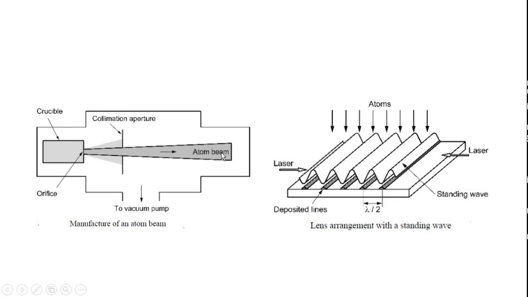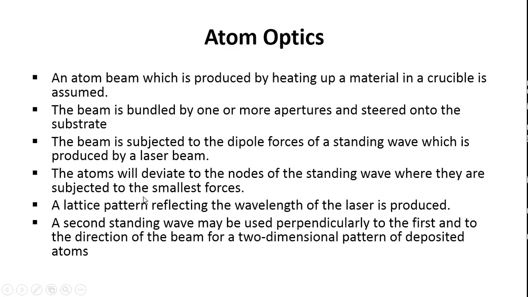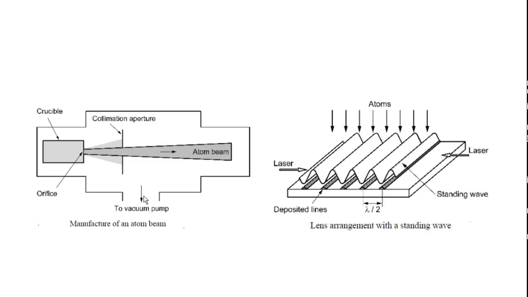This is the atom beam. The area through which this beam passes is evacuated, and this process takes place usually at a very low pressure. A vacuum pump is shown here, and this is the orifice through which the beam is allowed to pass.